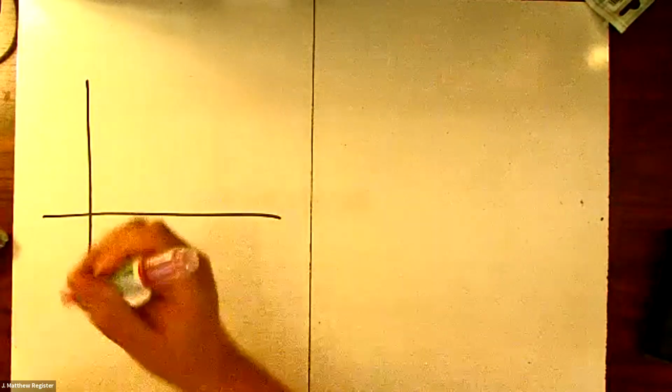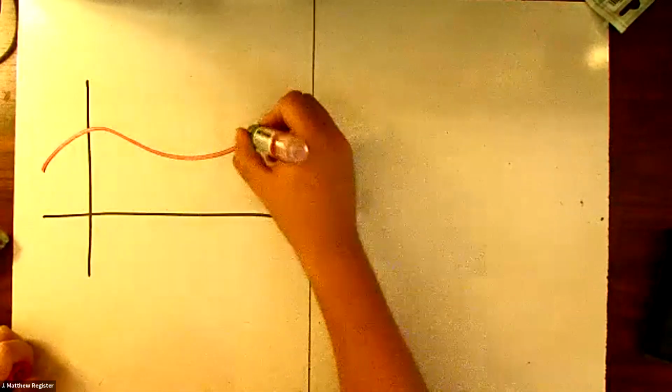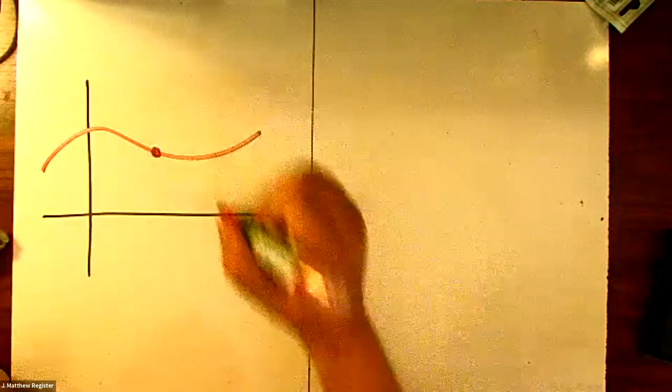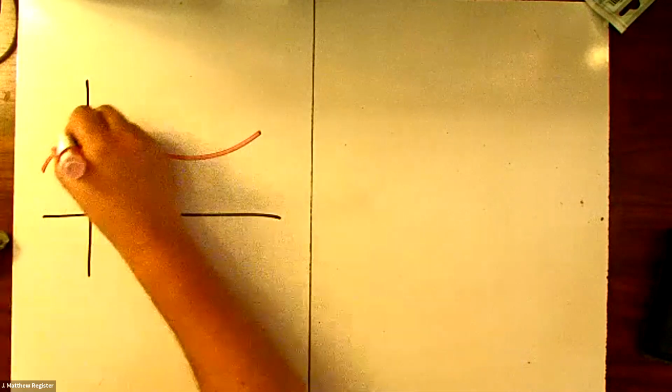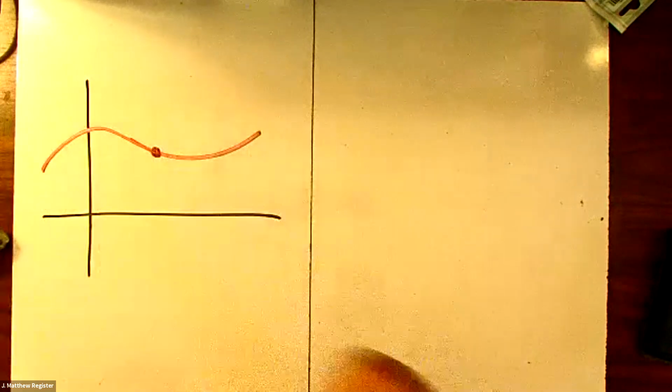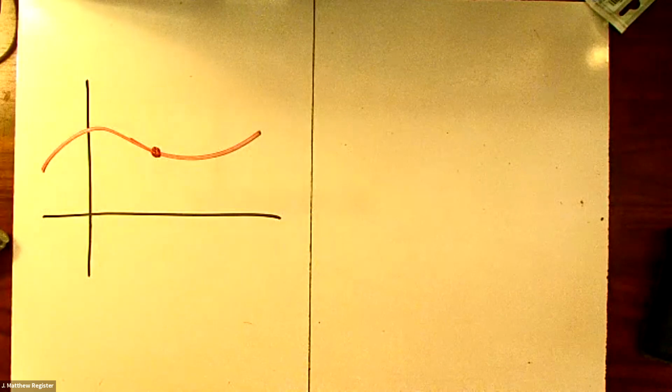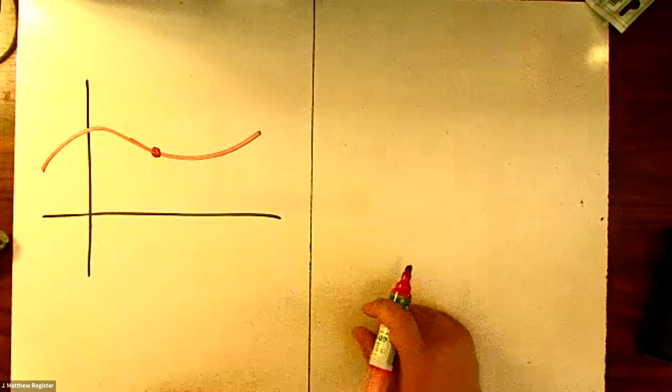A function is said to be continuous at a point if your function can be drawn as going through that point without lifting the pen. Notice when I drew this, I did not have to lift the pen in order to get that point on there.